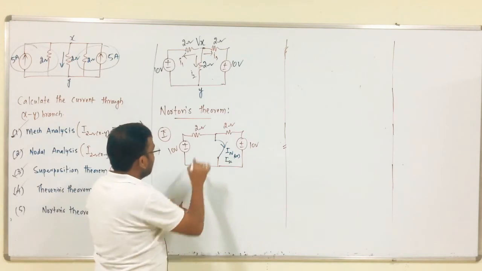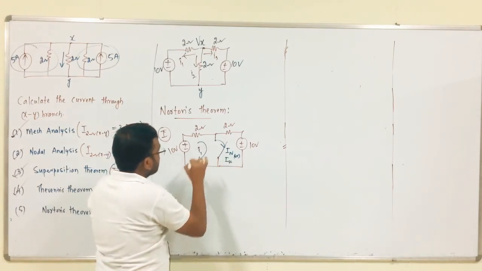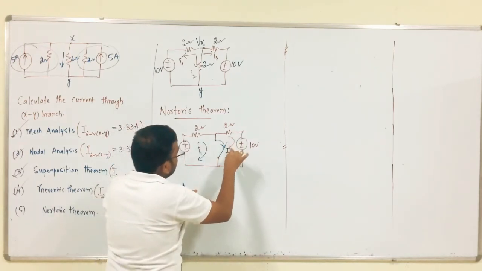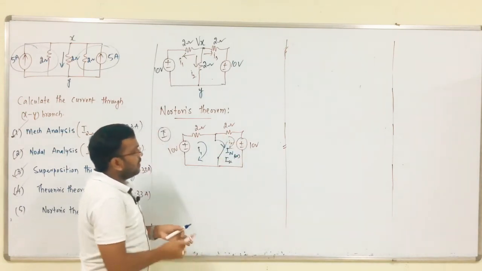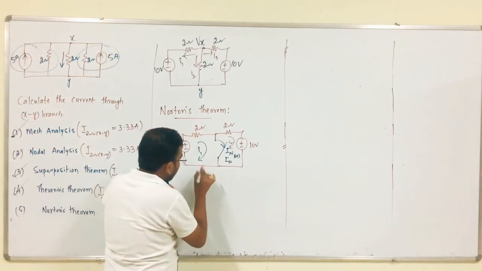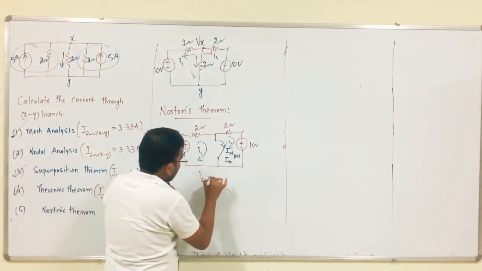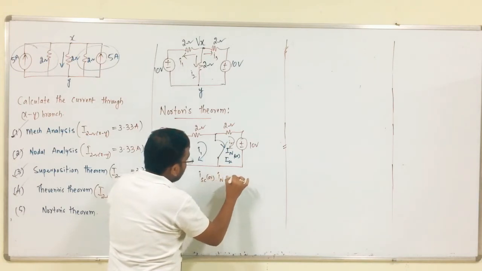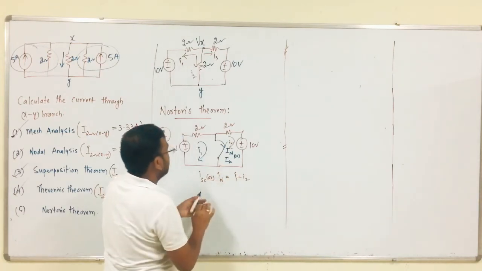So, simply we have two loops, this is I1, this is I2. Then the current through this branch is nothing but, with respect to loop 1, ISC or IN is equal to I1 minus I2.